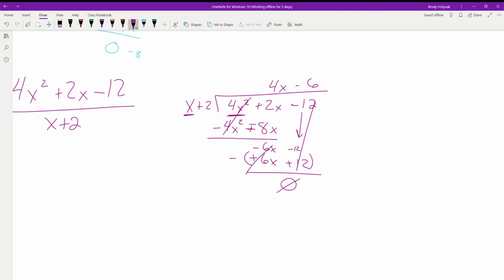So the final answer is 4x minus 6 multiplied by x plus 2 is the same as this. Like I said, multiplication is usually easier to deal with than division. So that's all we're doing here, we're converting a division into a multiplication problem.